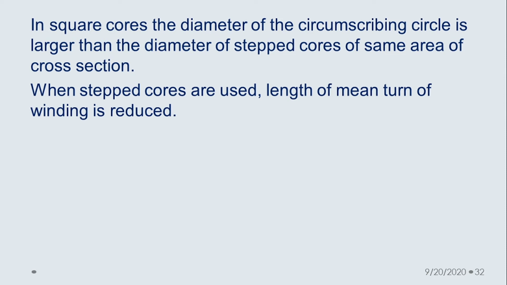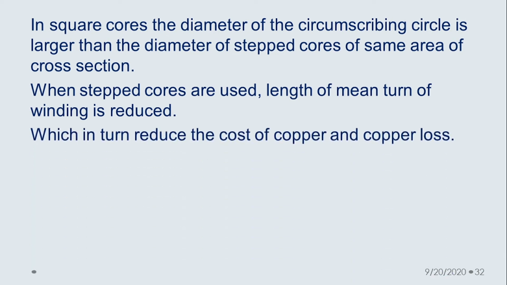If you choose stepped cores, then the average length of the winding can be reduced when compared to a square or rectangular core. If you directly choose a rectangular or square core, then the length of mean turn of the winding will be higher than with stepped cores. That we have to prove, which in turn reduces the cost of copper and copper loss.